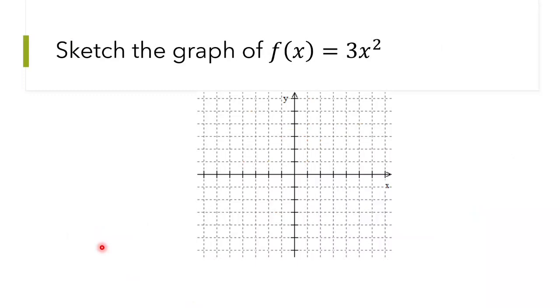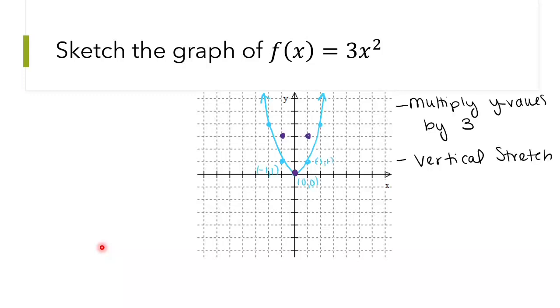If I want to graph 3x squared, I start by graphing my parent function. That's my basic parabola, goes through the origin. The 3 is happening outside of the parentheses or outside of the function, so it's going to impact my y values. We are multiplying by 3, so I'm going to take all of my y values and multiply them by 3.